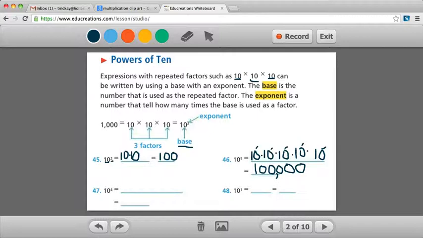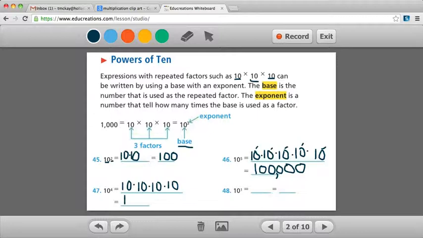10 to the fourth power would be the same thing. Your base, fifth graders, is 10. And you do that 4 times because that's your exponent. So 10 times 10 times 10 times 10. We know that 1 times 1 times 1 times 1 is 1.